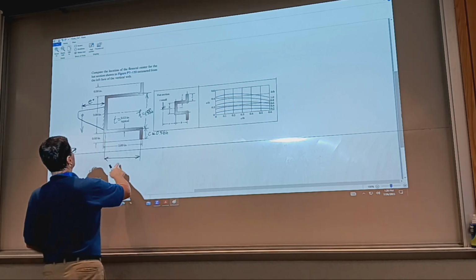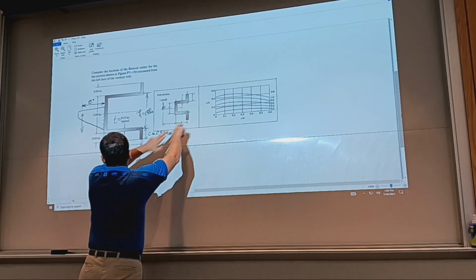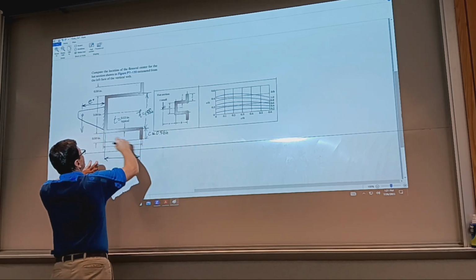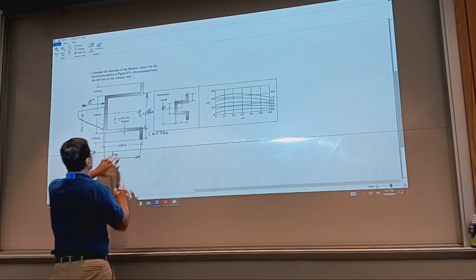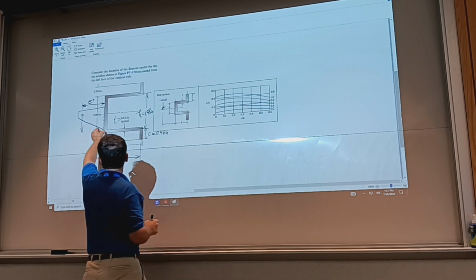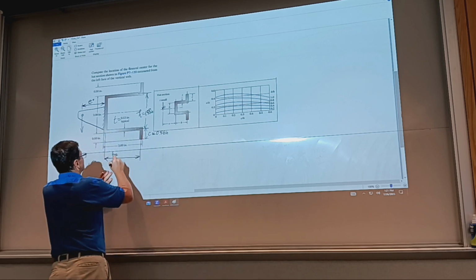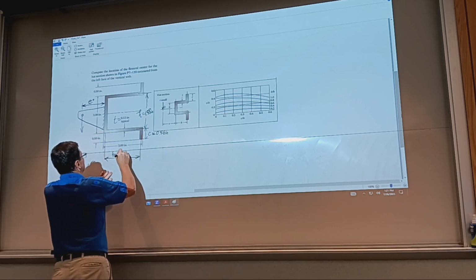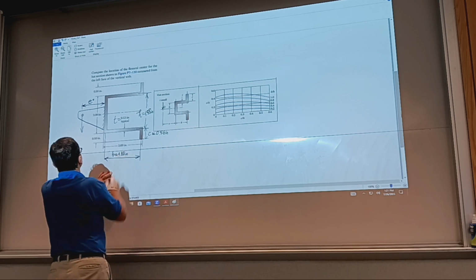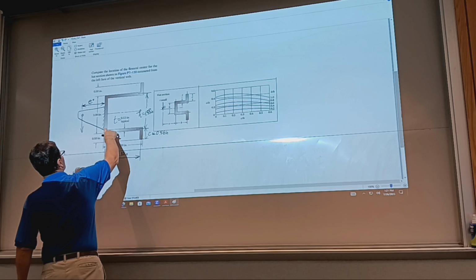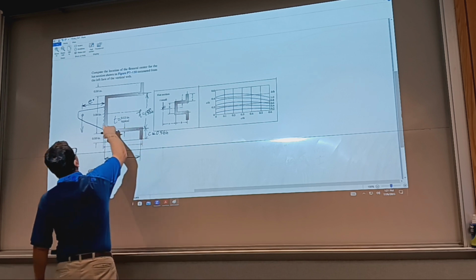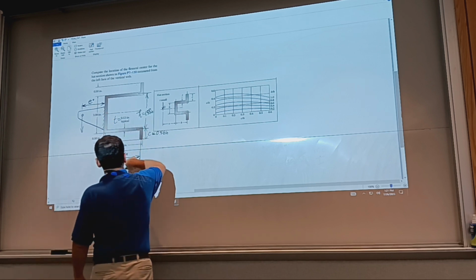And then we have the B value. To get B, B is going to be 2 inches minus half thickness, here, full thickness. So it'll be 1.88 inches. Okay, so 0.56, yeah, 1.88.